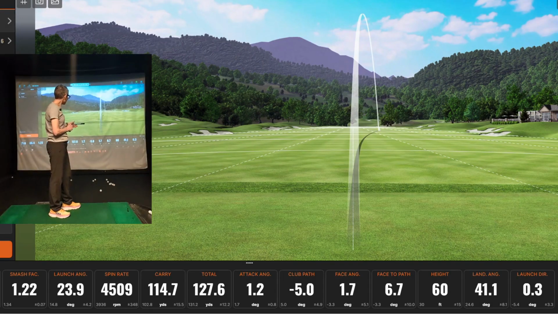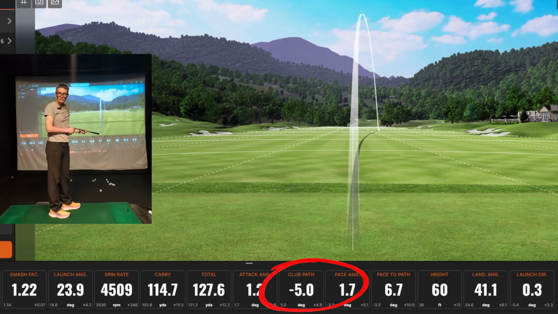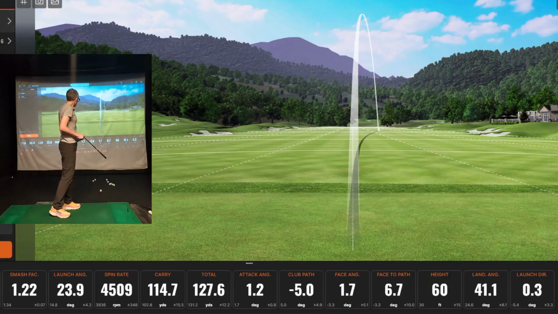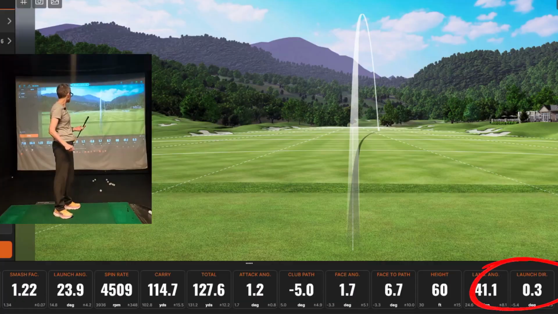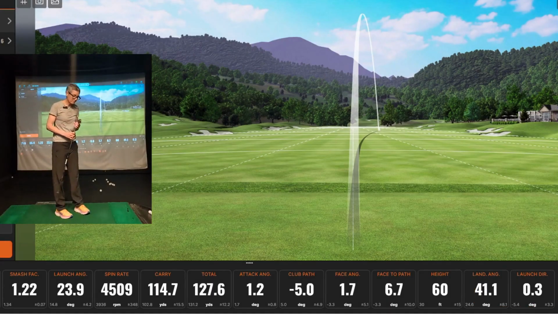My club path, you can see there, is minus 5, so the club path is going to the left 5 degrees. The club face angle is a degree and a bit open to the target, 6.7 degrees open to the path, and the ball started not much to the right, but it did start to the right, 0.3 degrees. So again, that tells me that the club face angle has more influence over the ball's initial direction than the path of the swing.